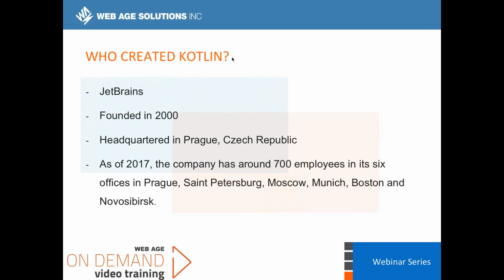Kotlin is the product of JetBrains. And JetBrains, founded in 2000, so they've been around for a while, is the producer of IntelliJ. IntelliJ IDEA has been around as an alternative Java IDE and alternative to Eclipse and others.